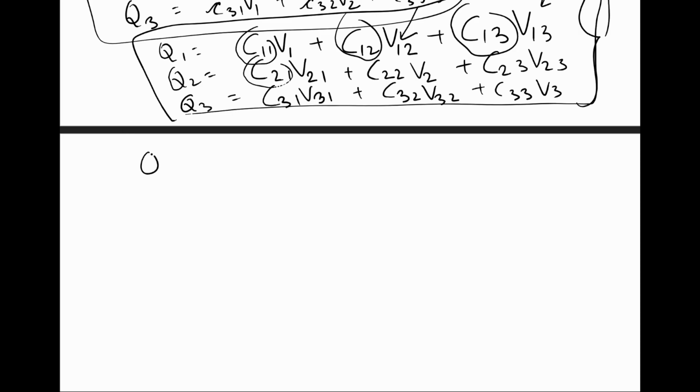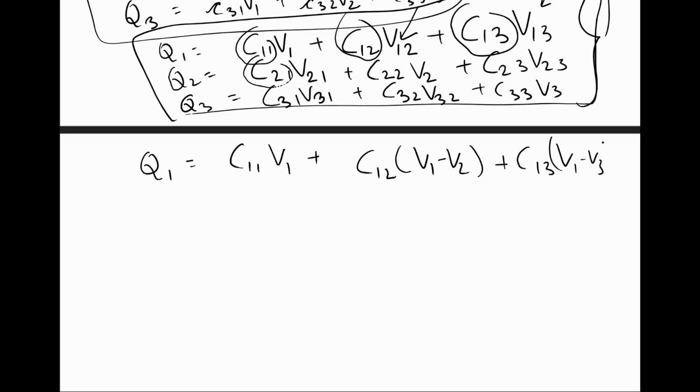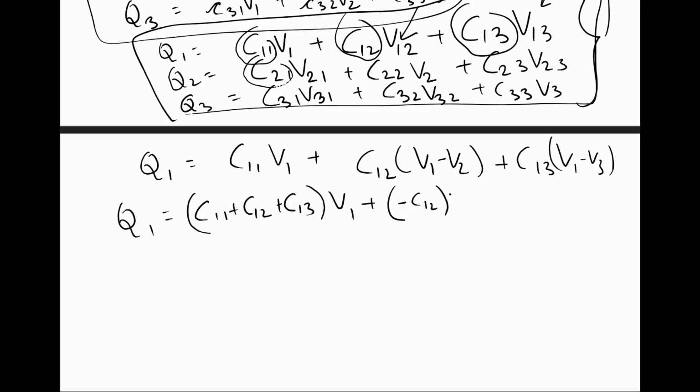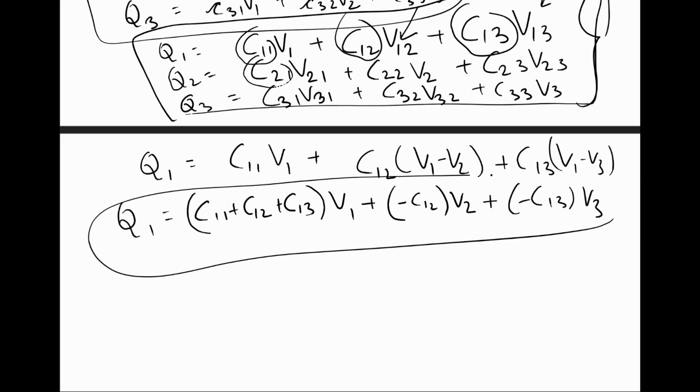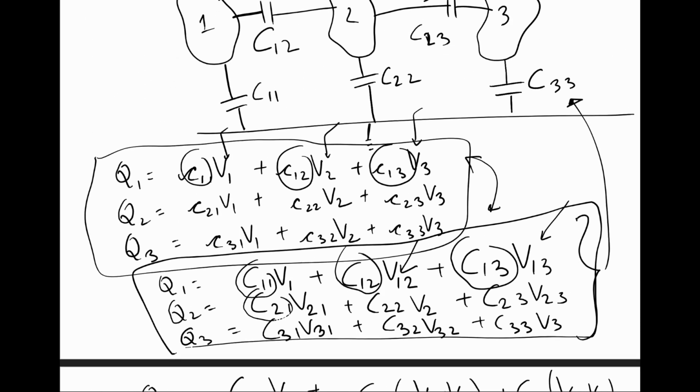So this Q1 can be written as C11 V1. Now V12 can be written as V1 minus V2, and similarly V13 can be written as V1 minus V3. So you see that Q1 can now be written as C11 plus C12 plus C13, times V1, plus minus C12 V2, plus minus C13 V3. Now I can compare this equation with the given equation above.